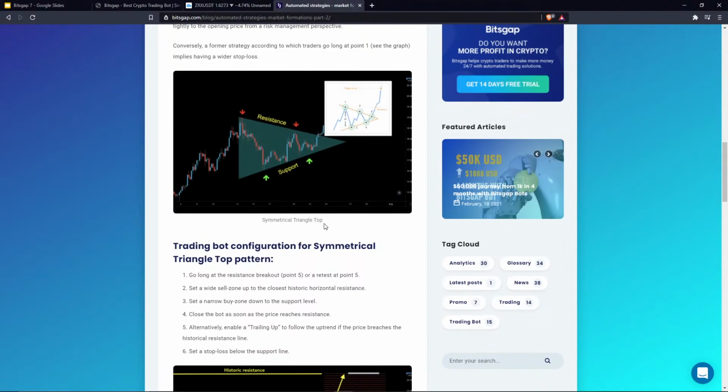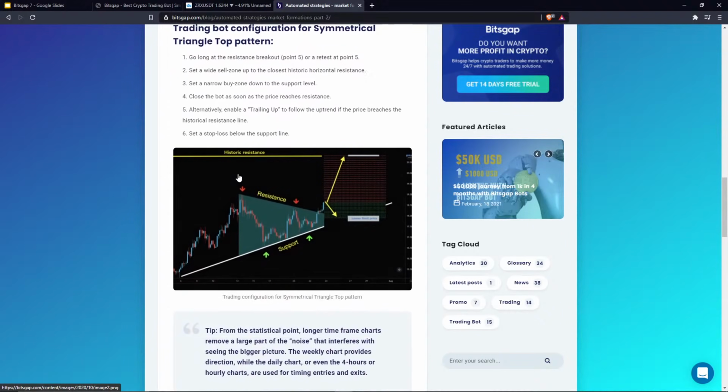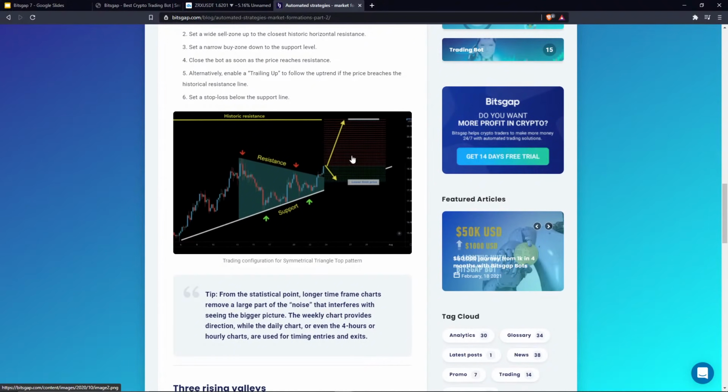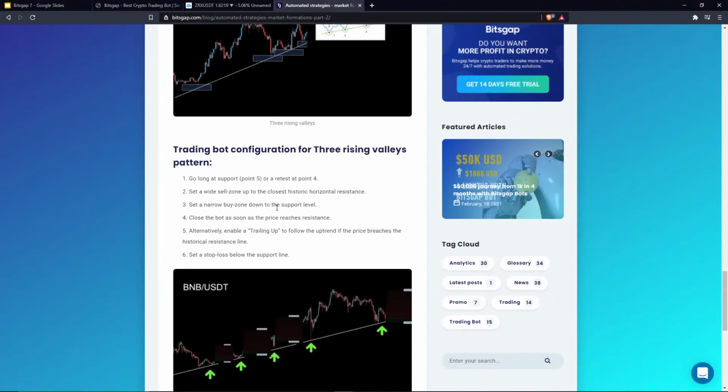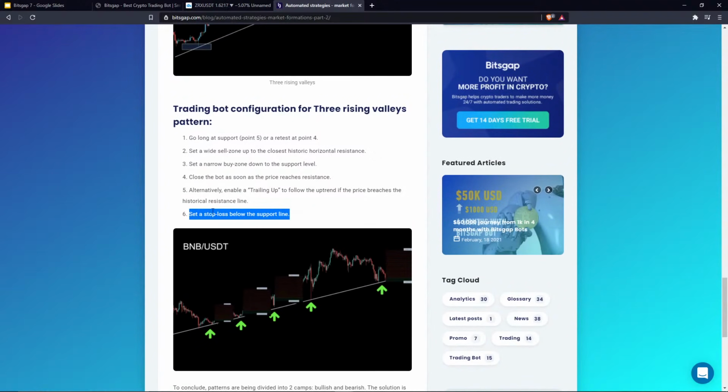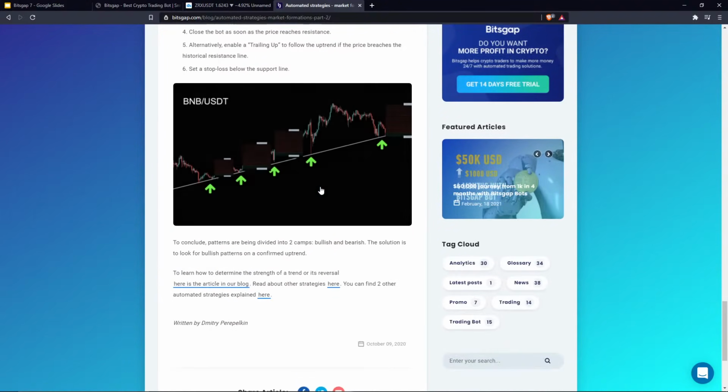So these are some ready-made solutions based on the pattern formations that you can trade. You see the exact configuration, the exact grid setup, and all details like where you should set your stop loss, whether or not you should stick with the trading up, where you should plot your take profit, and all that stuff.